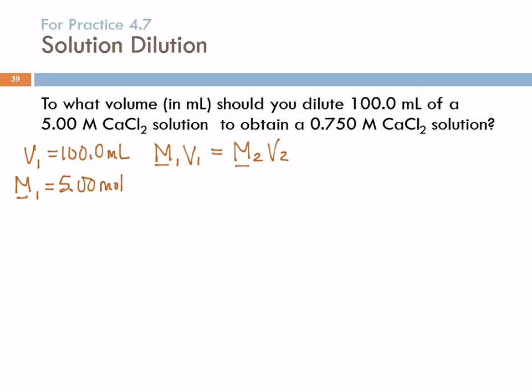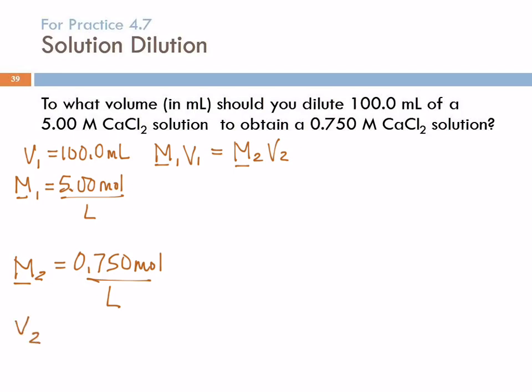And molar is moles per liter. That's the first solution. Then 0.750, that's a molarity. That's the other solution, so that's going to be molarity 2, 0.750 moles per liter.